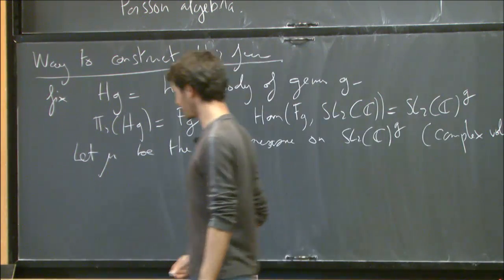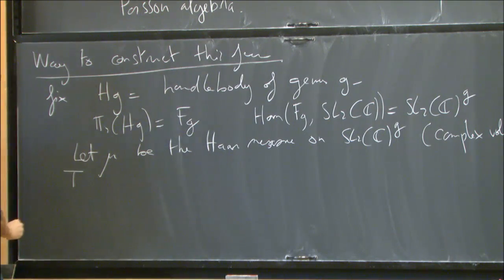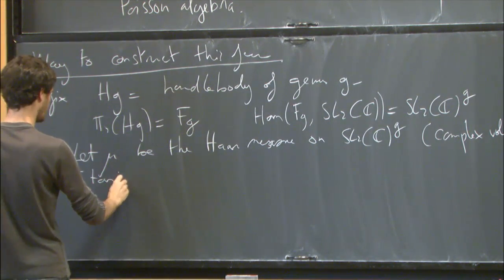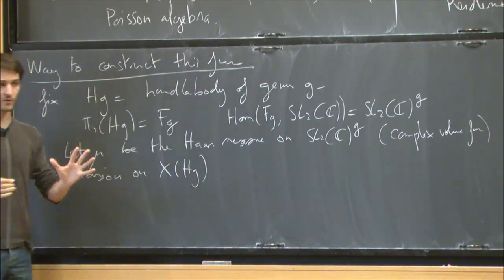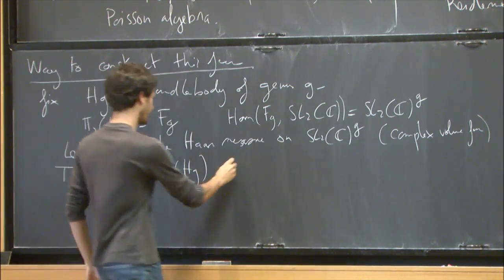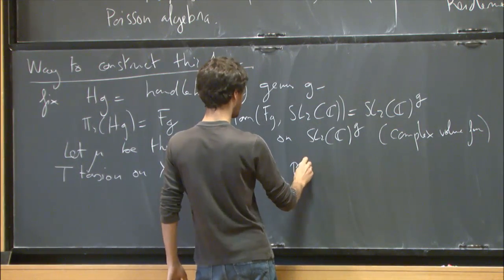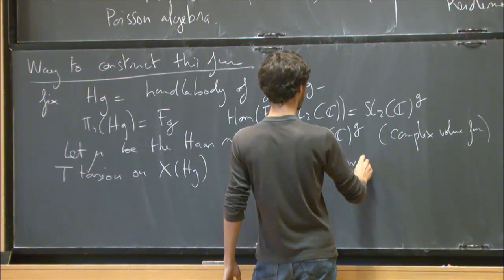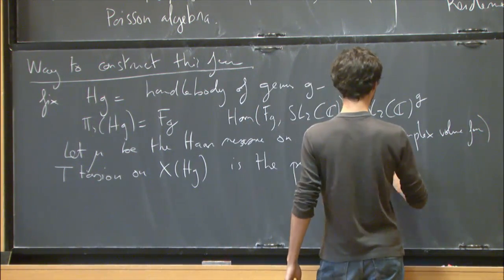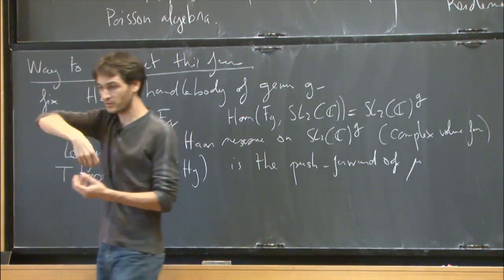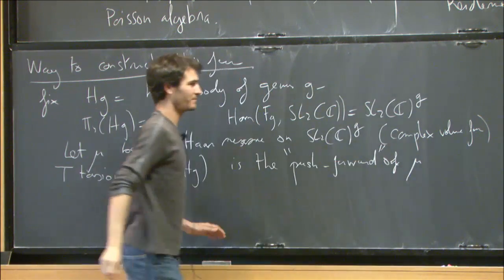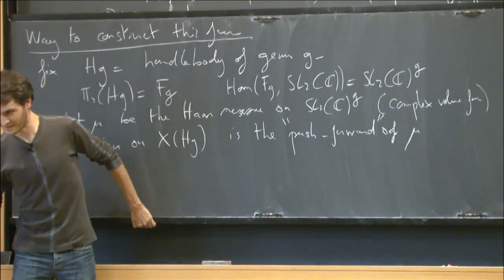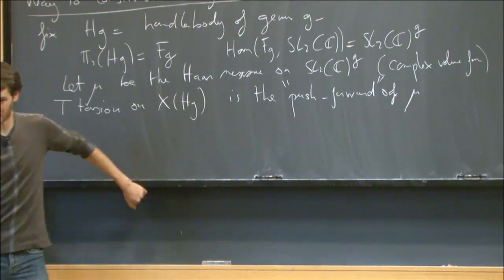And my definition here of the torsion on the character variety of H_g is the push forward of this measure. So it's just the image of the Haar measure quotient by the conjugation. So this push forward may sound very strange. Let me explain what I mean by this push forward.